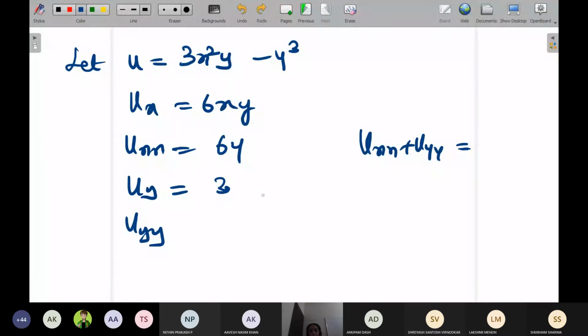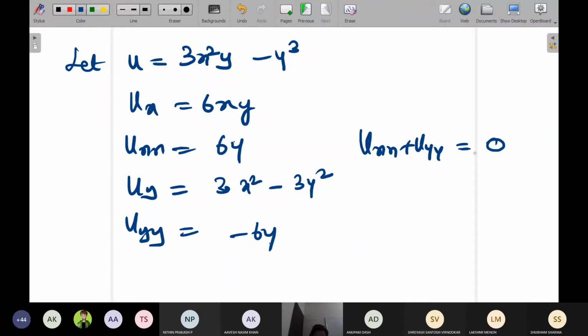It will be 3x square minus 3y square. So what will be your uyy? It is minus 6y. So uxx plus uyy is equal to 0. Therefore, the given function is harmonic.